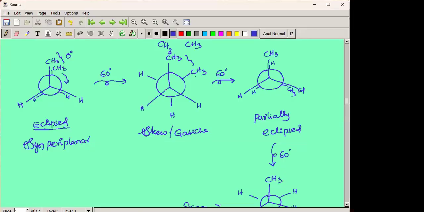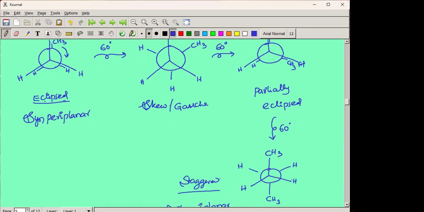So this is also considered as P-Gauche and M-Gauche, M and P. If we rotate the molecule by 60 degrees, we get partially eclipsed. That partially eclipsed, when further rotated, gives one another Gauche form or skew form. So this is considered as P Gauche, this is considered as M Gauche.